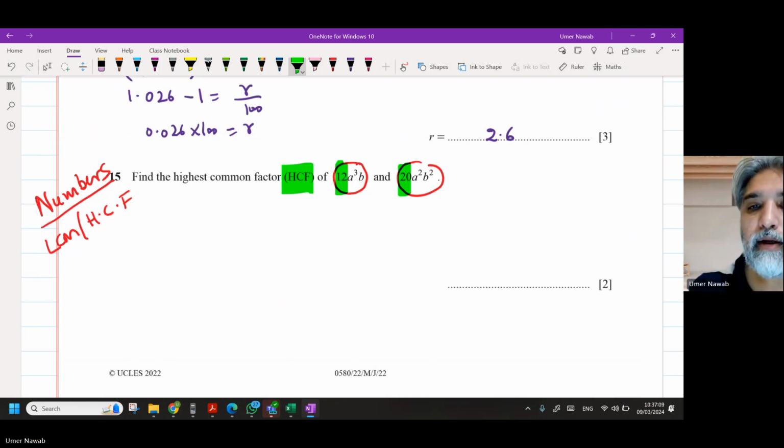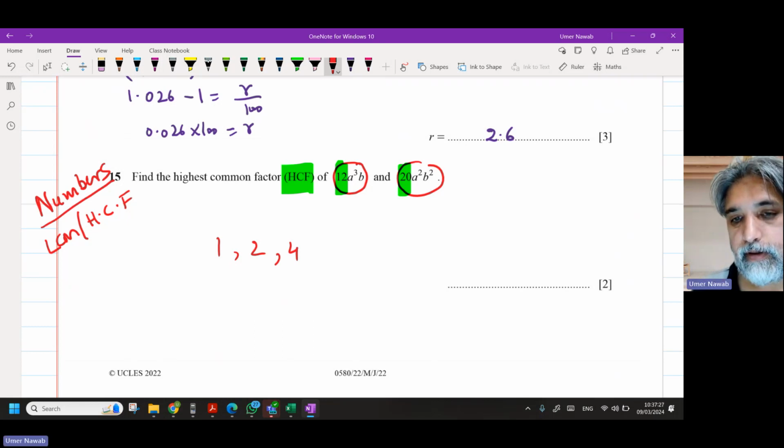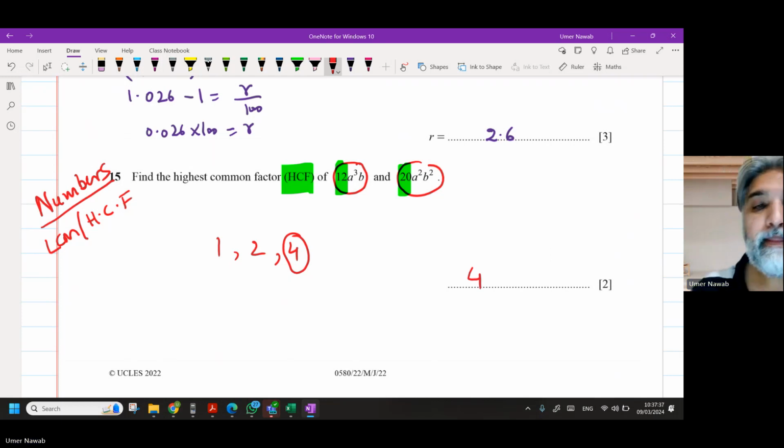So 1 can divide both 12 and 20. 2 can divide both. 4 can divide both. There is no other bigger number which can divide 12 and 20 at the same time more than 4. So 4 is the highest common factor of 12 and 20.